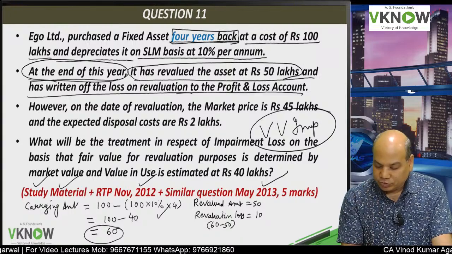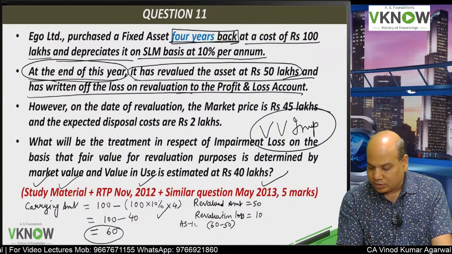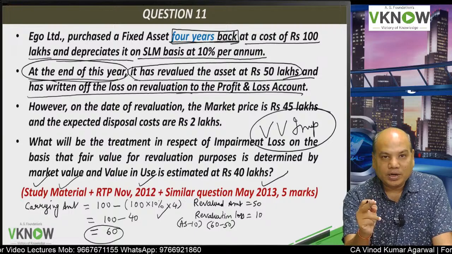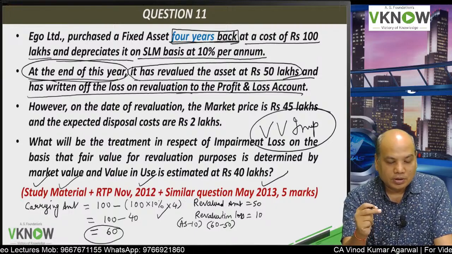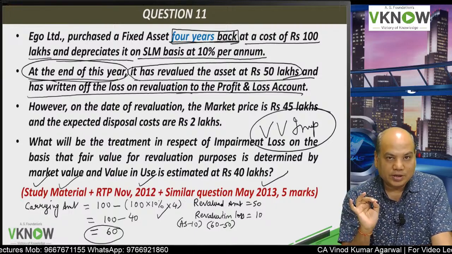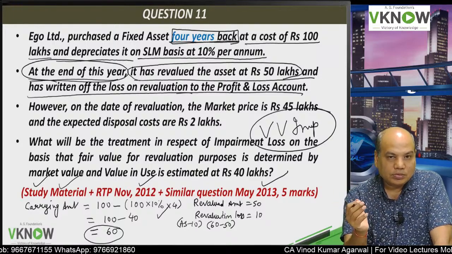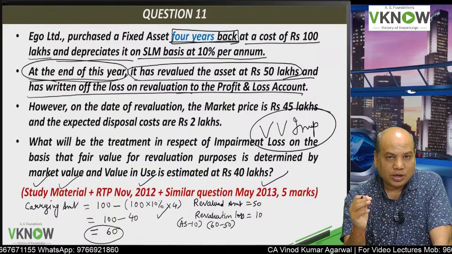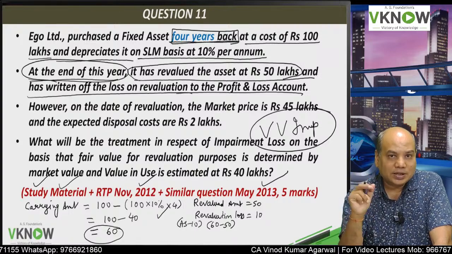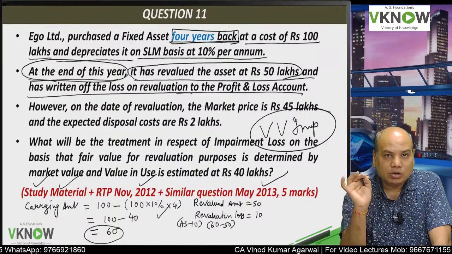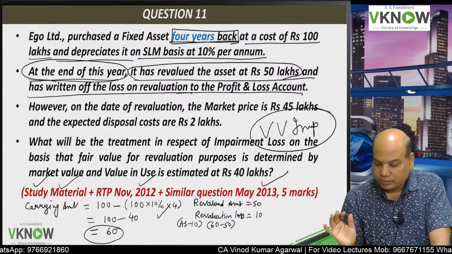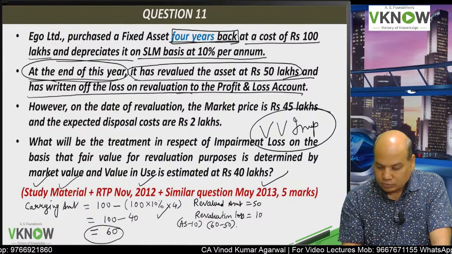Please remember, revaluation loss is as per AS 10. Impairment loss is as per Accounting Standard 28. So if it is a revalued asset, you have to apply AS 10 first to check whether there is any loss due to revaluation. So you got 10 here.